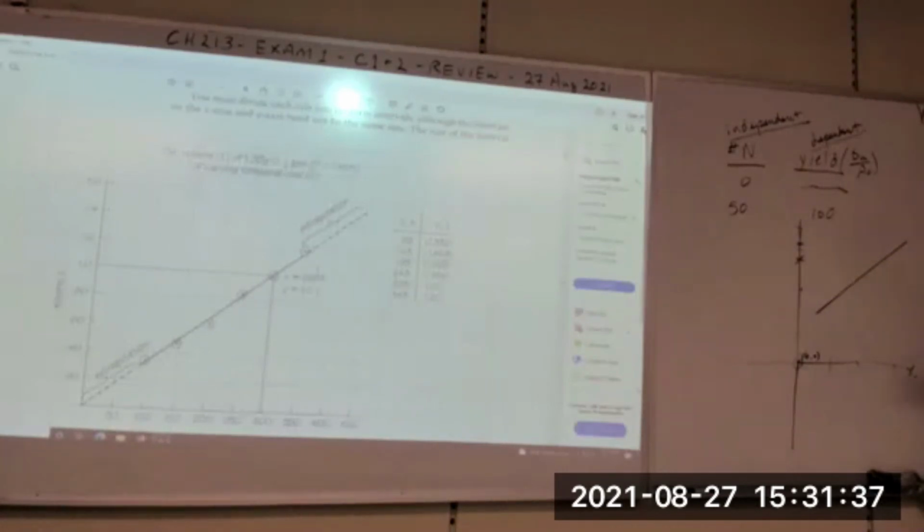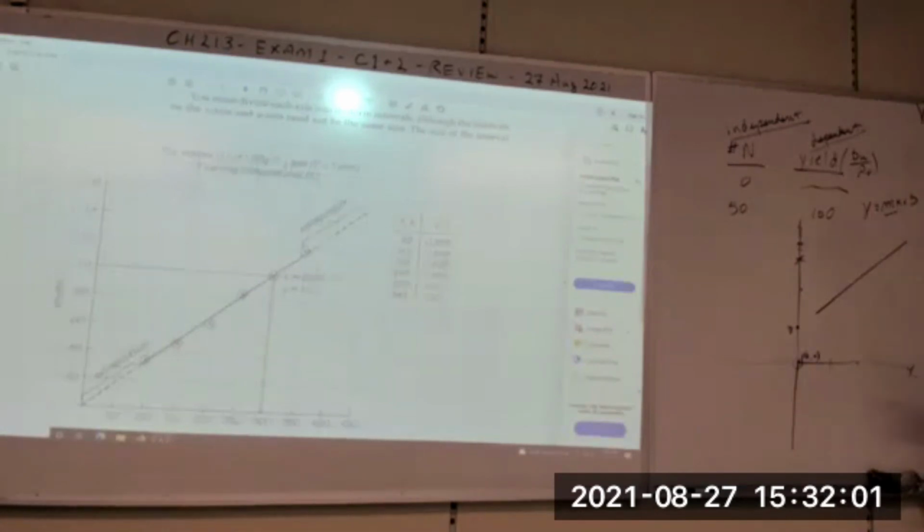So how do you describe that straight line? Well, you use the formula y equals mx plus b. Everybody knows that one. This is the y variable, that's the x variable. This is the slope of the line. And this is the y-intercept. So there's where b would be, right there.